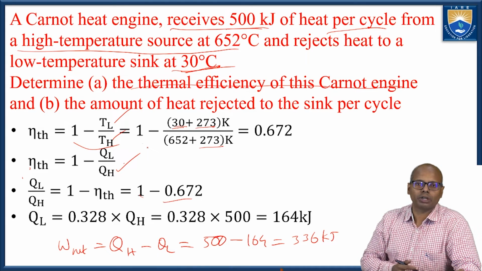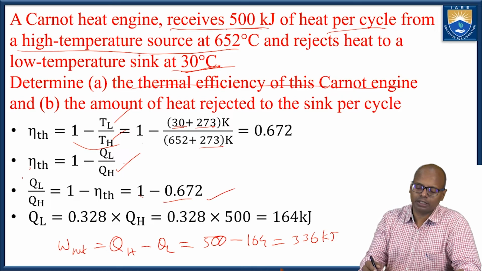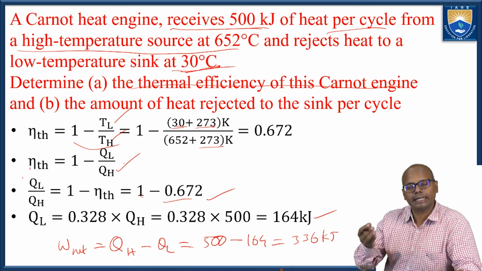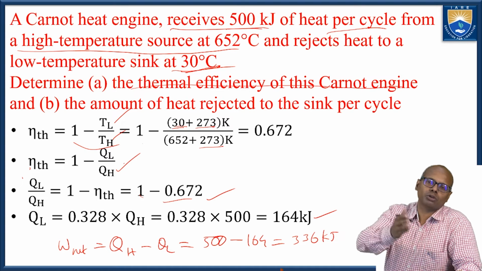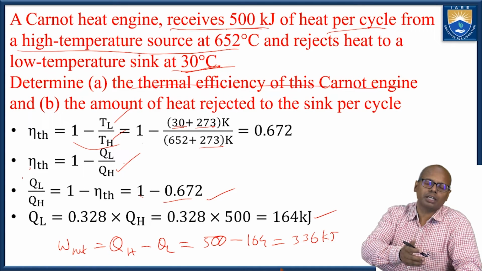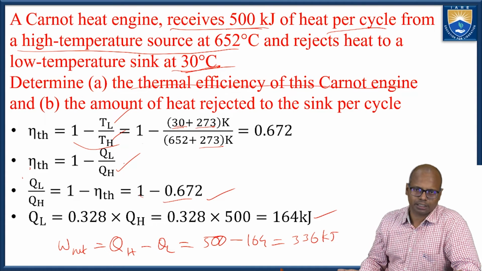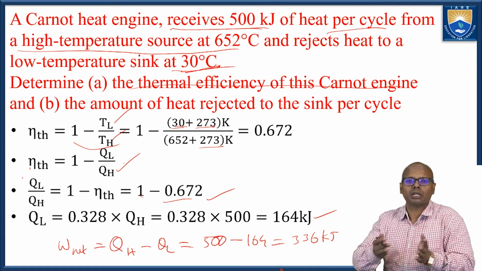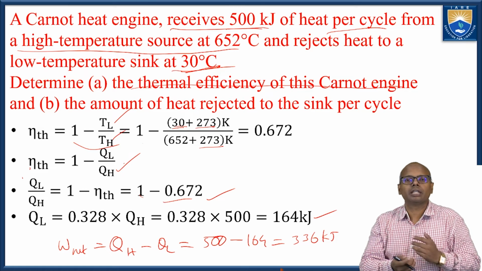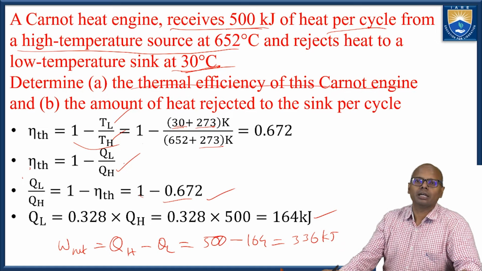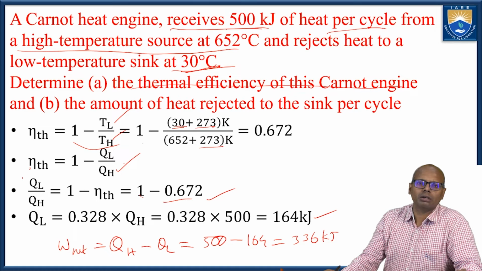If the heat rejected is given, I can find the heat supplied, and if the heat supplied is given, I can find the heat rejected. Once I know these two values, I can easily find the net work supplied by the heat engine. So this is a problem based on the Carnot heat engine.